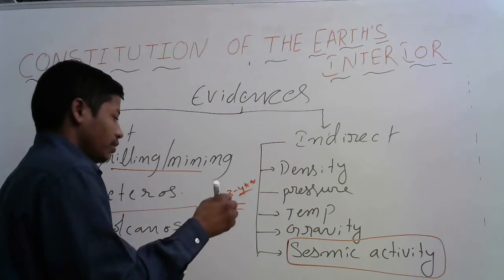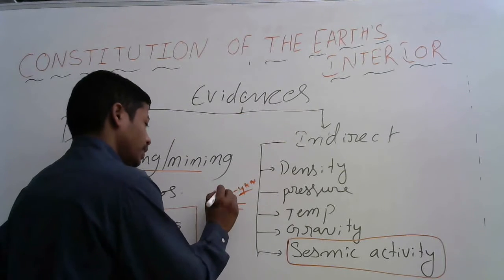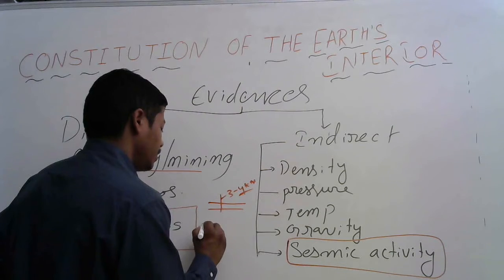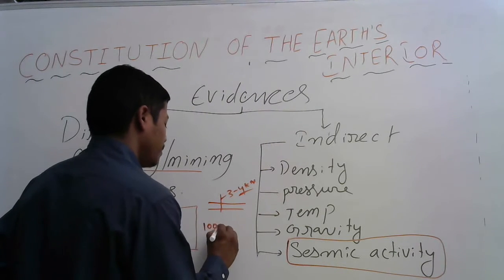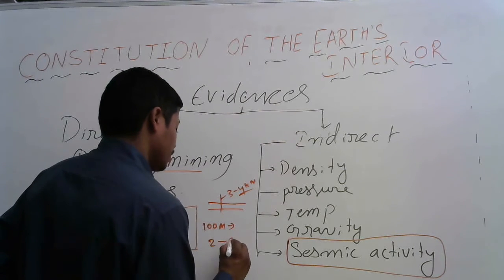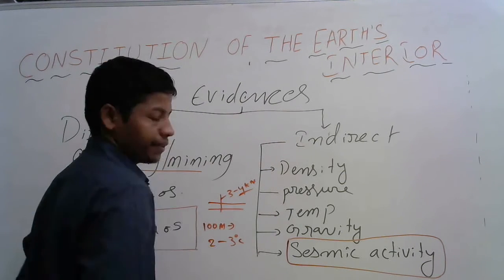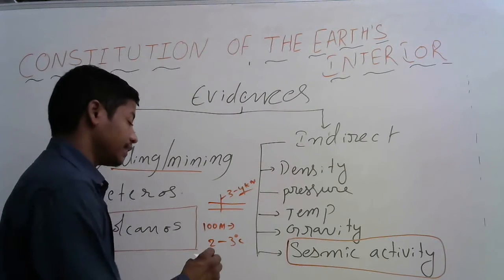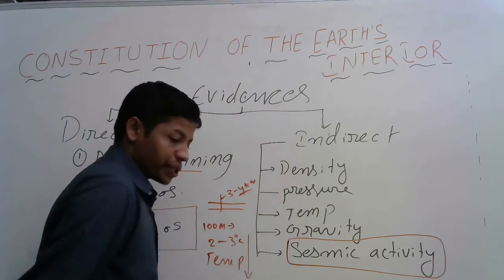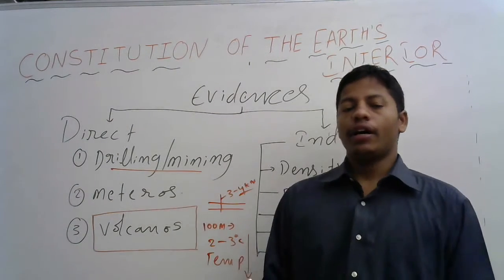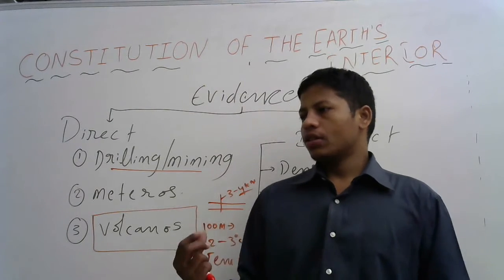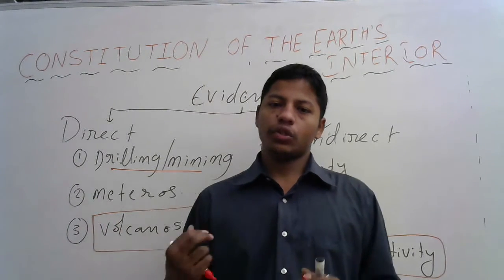If you dig from the surface to the Earth interior, every 100 meters, temperature increases 2 to 3 degrees Celsius. This is not constant in every place; some areas' temperature increases so high when compared to other areas.